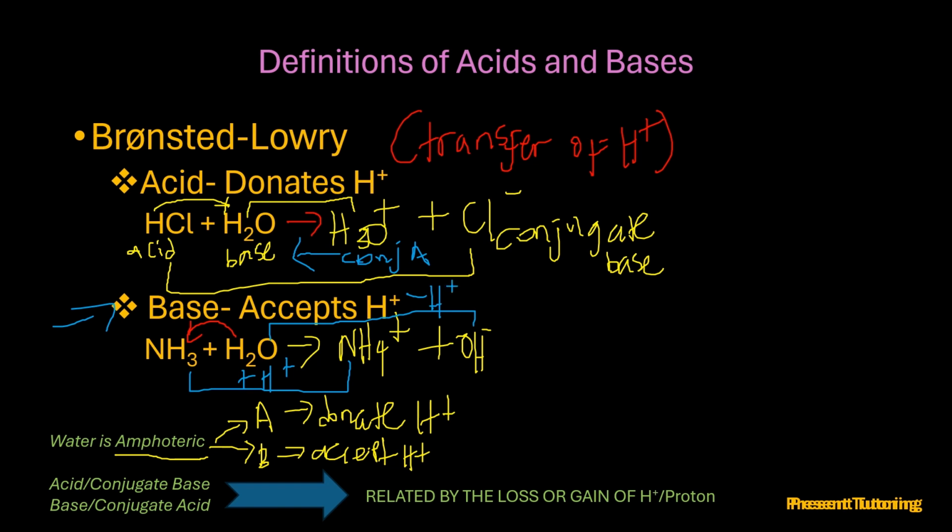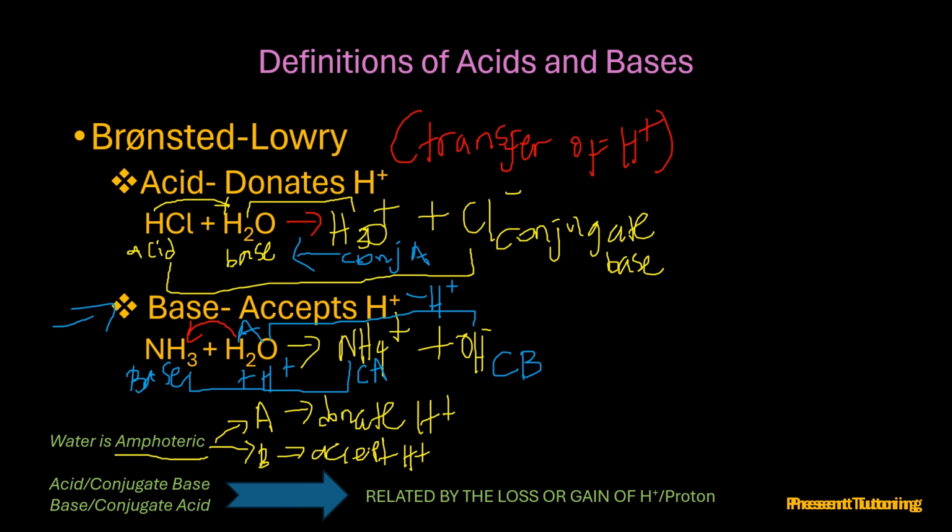So NH3 gains a H+, so that is the base in this case, and it's related to its conjugate acid. I'm just going to abbreviate that as CA on this side. And then H2O is an acid in this case, and it's related to the conjugate base, the hydroxide ion on the other side. So we do see how water can act as both an acid and a base. So we would call that amphoteric.